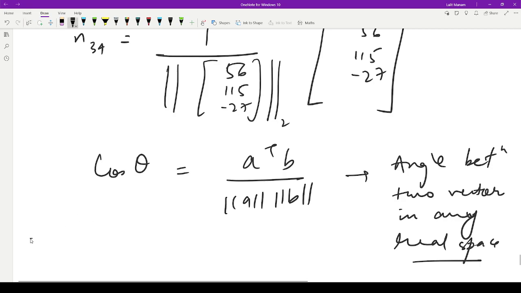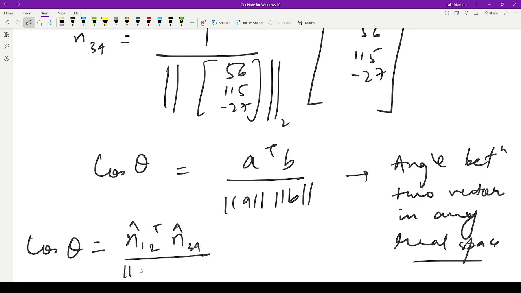So here we need to find the angle between pi 12 and pi 34. So it will just be n12 hat transpose n34 hat upon the norm of this, which is 1, since we already normalized it.